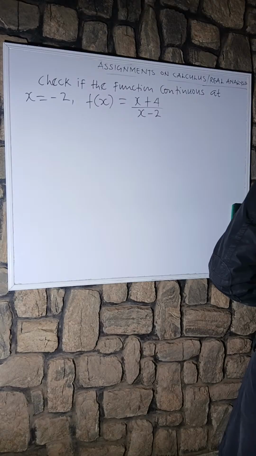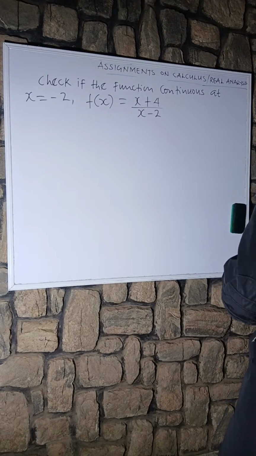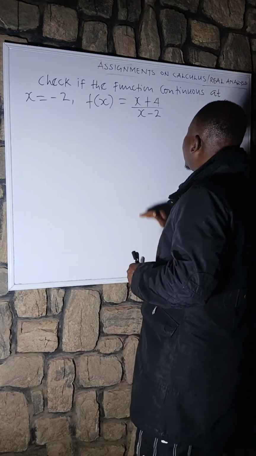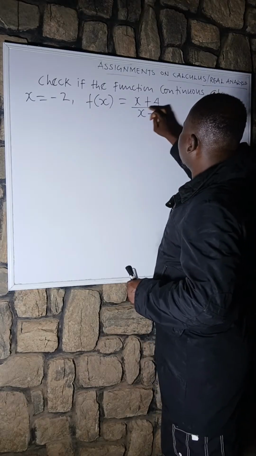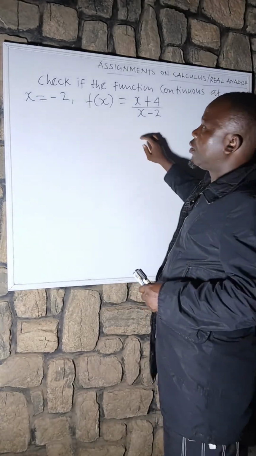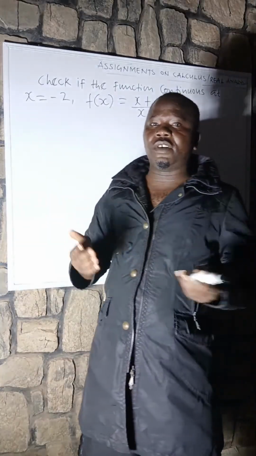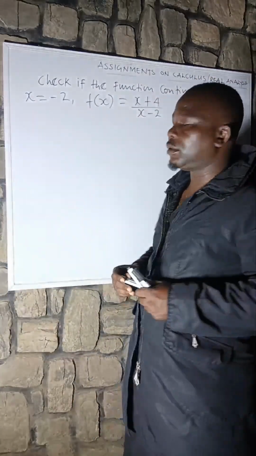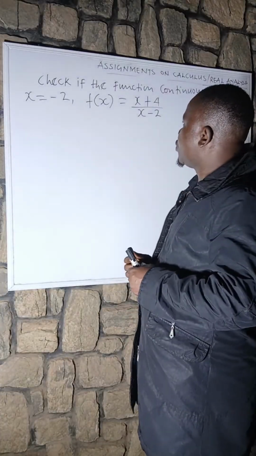Since the limit equals the function value, it means if the denominator is non-zero, the function is continuous. How do we do that?